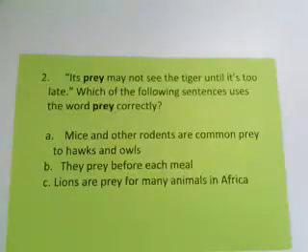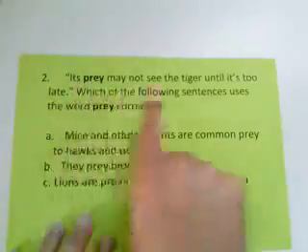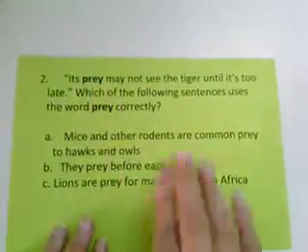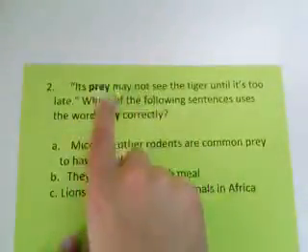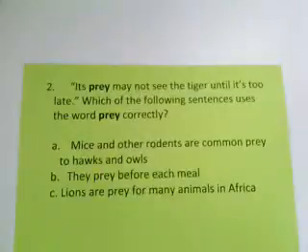B, they prey before each meal. Or C, lions are prey for many animals in Africa. This is a tricky one. Look at our example sentence to see which one makes the most sense and closely resembles how the word is used from the book.